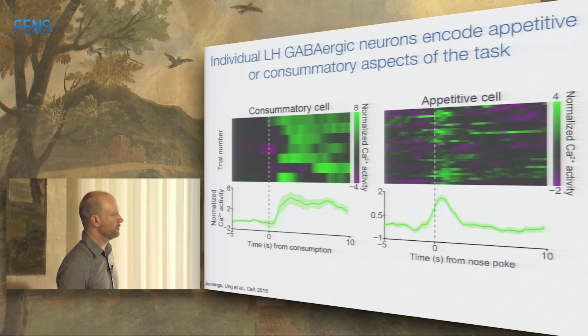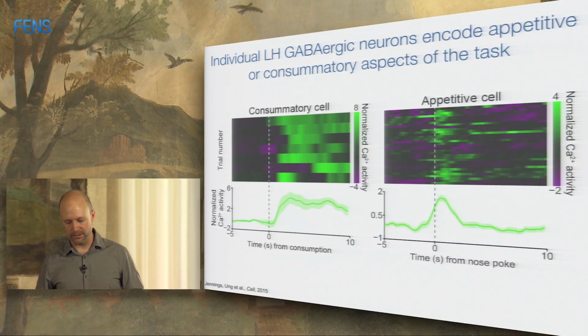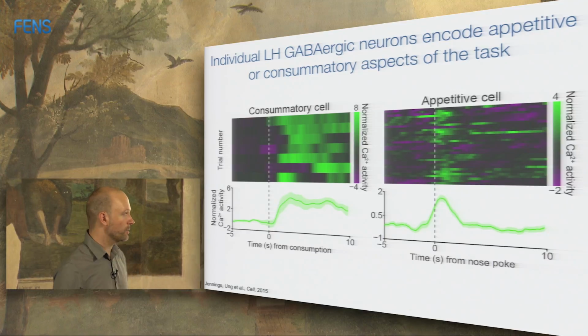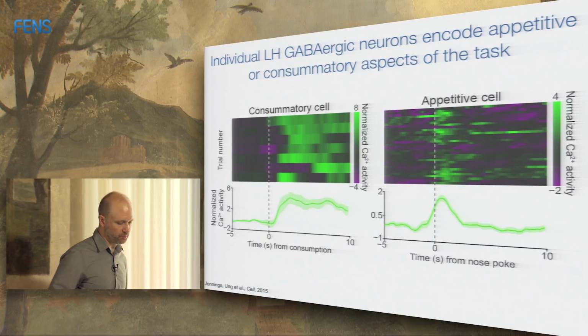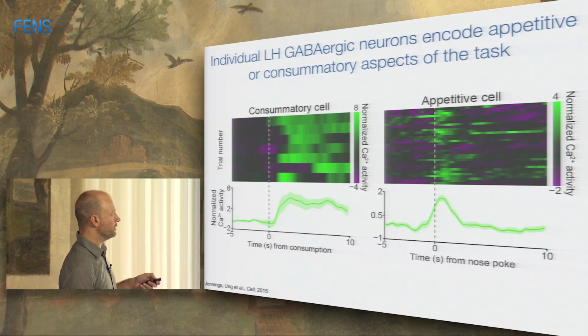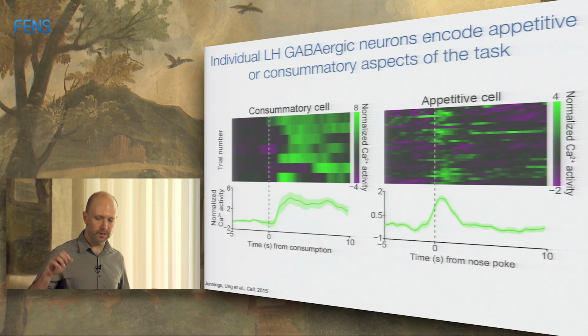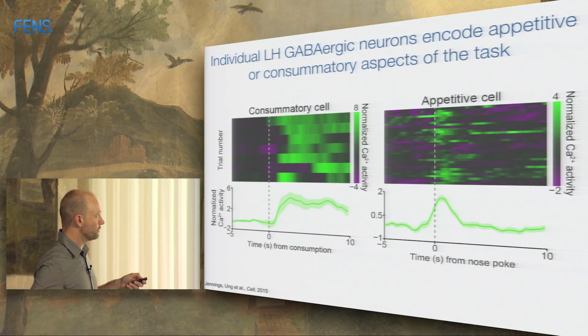So we can use this to look at how the activity of these cells, which we now know are GABAergic neurons, changes with respect to different behavioral parameters. The two things we looked at were two very easy to discriminate behavioral events: the consumption of the reward, when the animal goes to lick and consume the sucrose, versus how their activity changes during the chain of nose pokes they have to make to earn the reward.